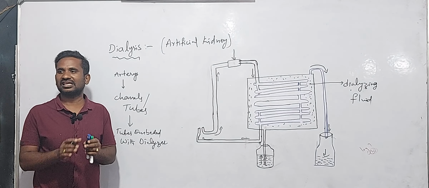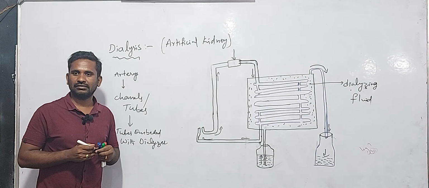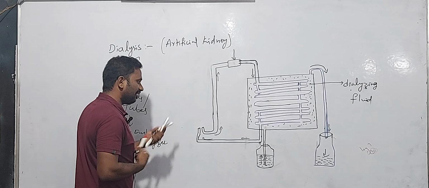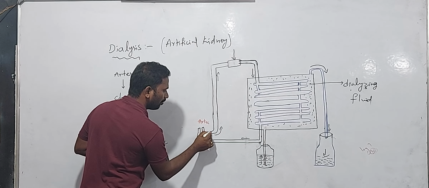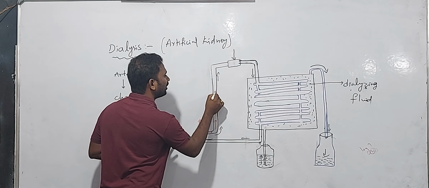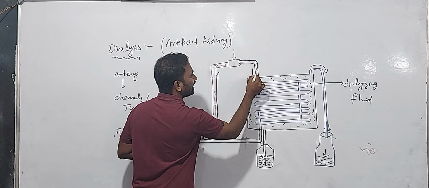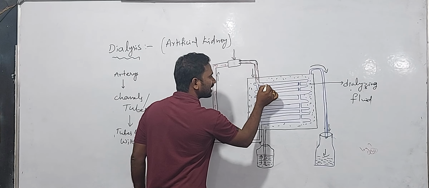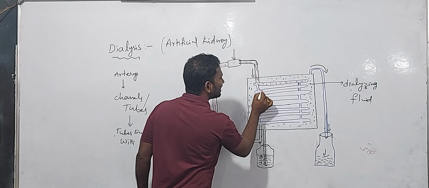We already discussed the difference between the blood and the dialyzer. Now we are collecting blood from the artery into the dialyzing machine. Now the blood is in the tubes of the dialyzing machine.